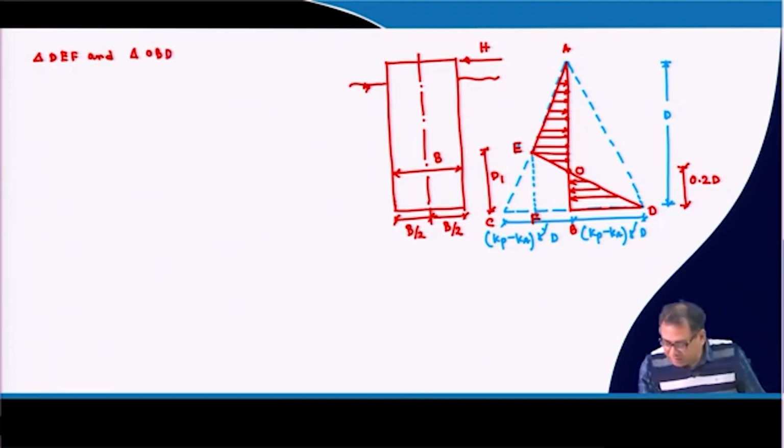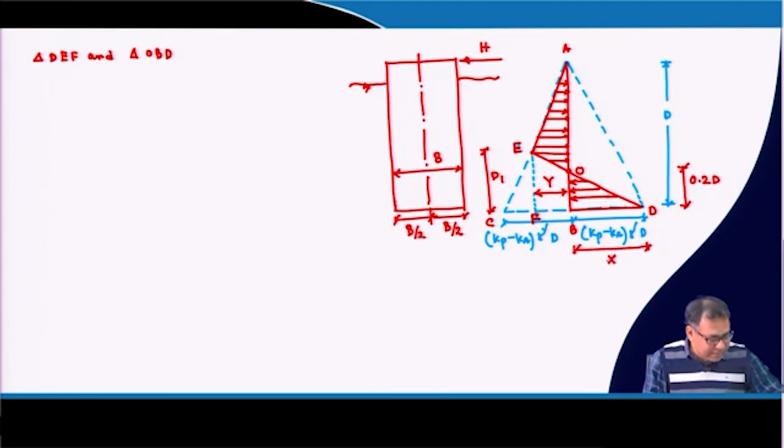Say this distance is y and this value is x. These are similar triangles, one the bigger one and the other the smaller one.